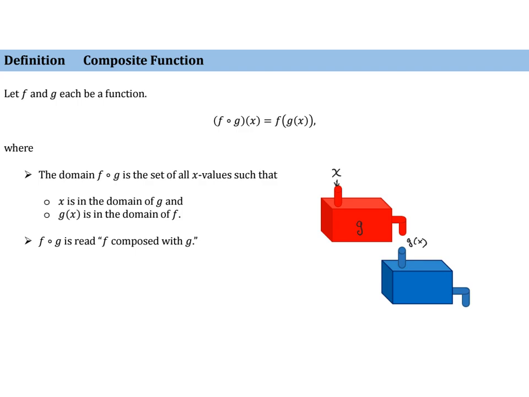Then that will become the input of f. And so whenever we apply f to that, we get out f of g of x. What the composite function does is it says, I'm just going to call this two-step machine f composed with g.